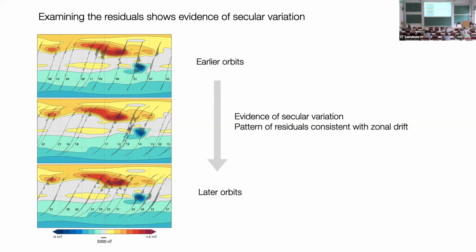And if we look at the residuals from the earlier orbits through the central set of orbits, this is using 32, to the later orbits, we see a systematic change in the residuals. Here, for this track, going just to the west of the Great Blue Spot, they're of this sign, they're off to one side of the track. Down here, orbit in a similar place, the sign of the residuals has reversed.